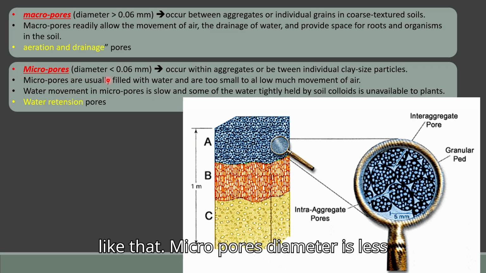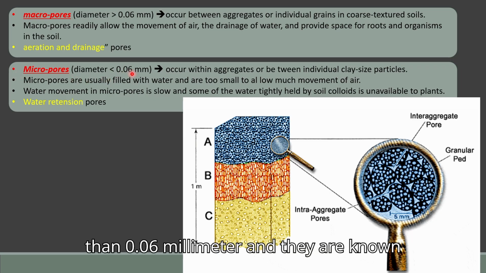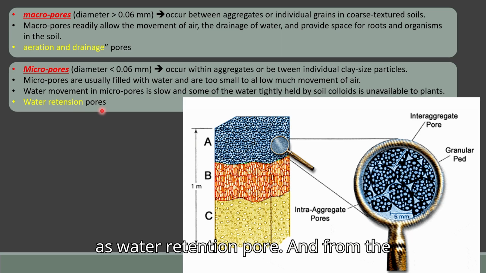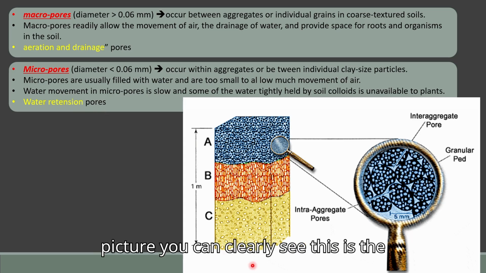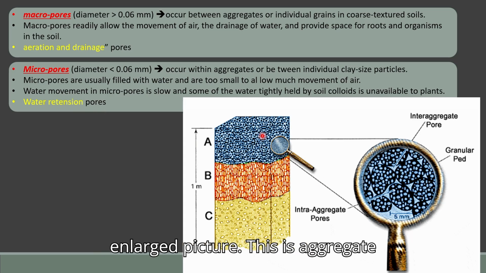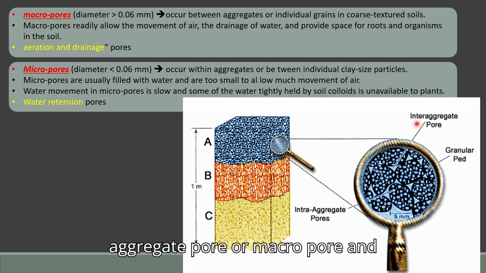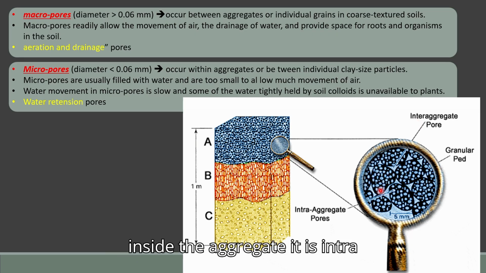Micropores have diameter less than 0.06 millimeter and are known as water retention pores. From this enlarged picture you can clearly see this is an aggregate. Between the aggregates it is inter-aggregate pore or macropore, and inside the aggregate it is intra-aggregate pore or micropore.